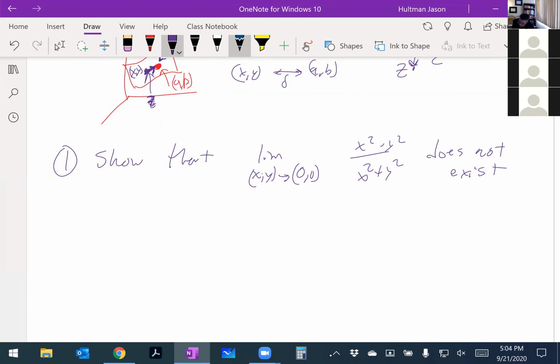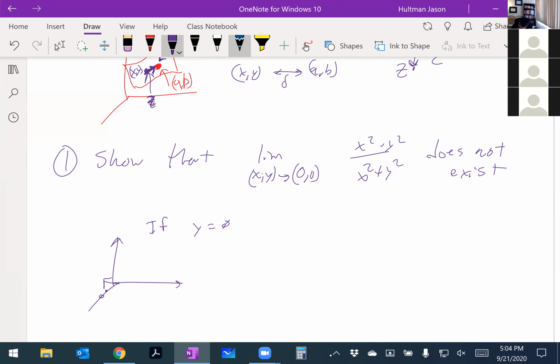So if y equals 0, if we approach along the x-axis, let y equal 0. Let's think about this for a second. What happens when y is 0? When y is 0, that means that x is allowed to move, but y isn't.